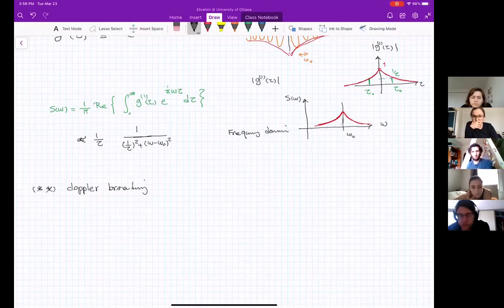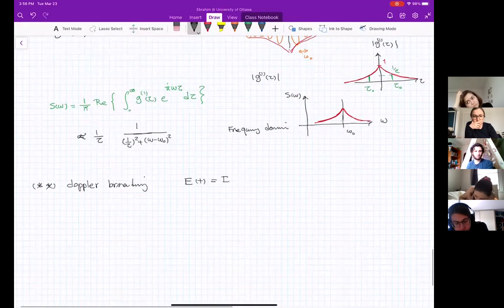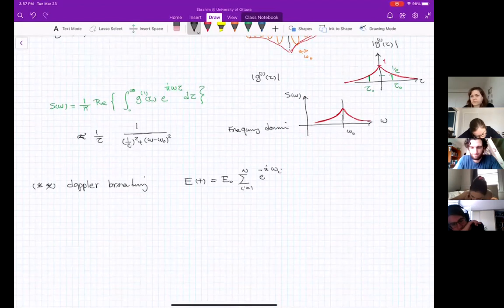Good? So the electric field E(t) is given by E0, the summation of i from 1 to n of e to the negative i omega_i t plus i phi_i. Now phase is not a function of time, but frequency is changing.